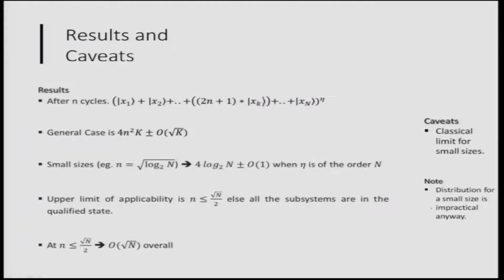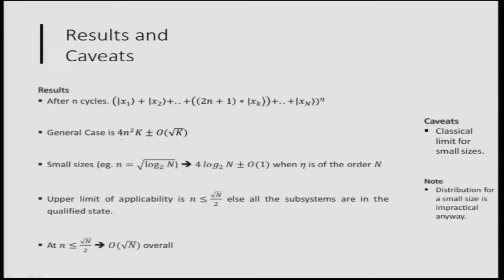and what we generate after n cycles is a case where each of these have been undergoing independently the process.